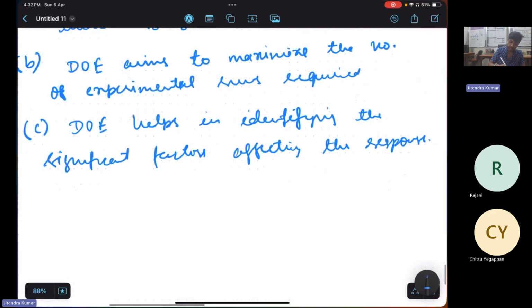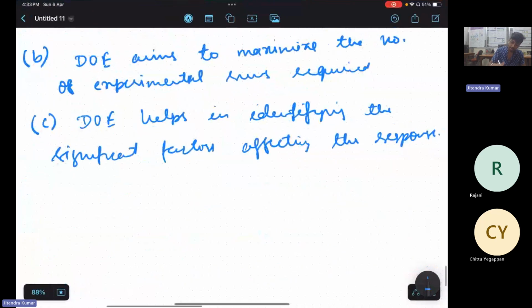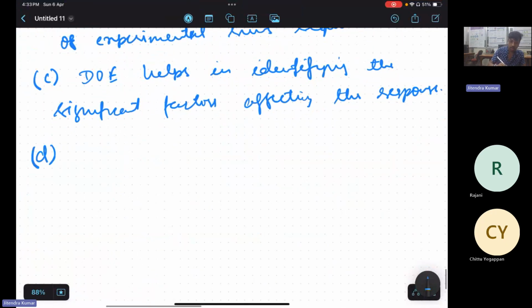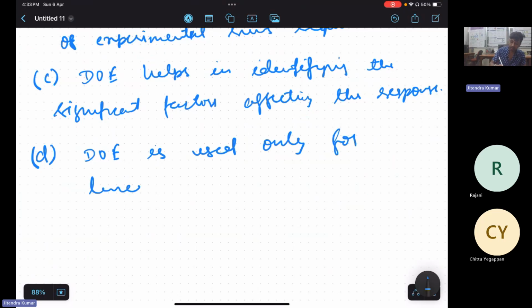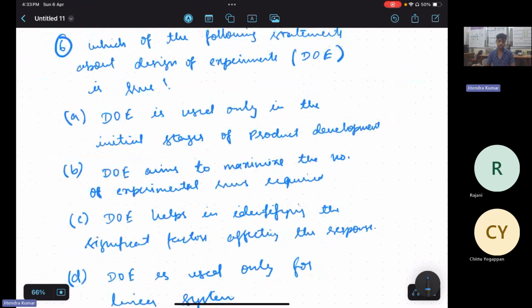And option D is DOE is used only for linear system. So these are all options, and this is the question regarding DOE, design of experiments.